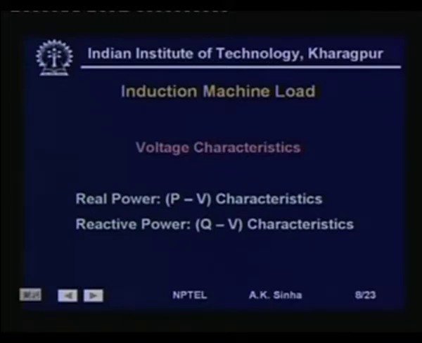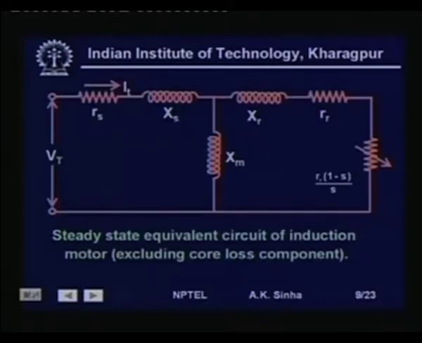Now, if you recall, the induction machine equivalent circuit is shown here. The terminal voltage V t is applied to the induction machine. The stator winding has a resistance R s and a reactance X s.